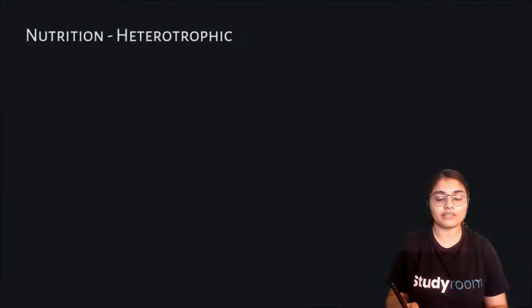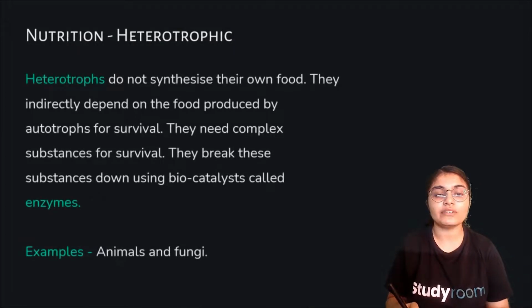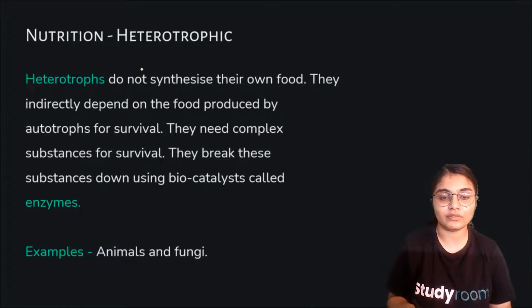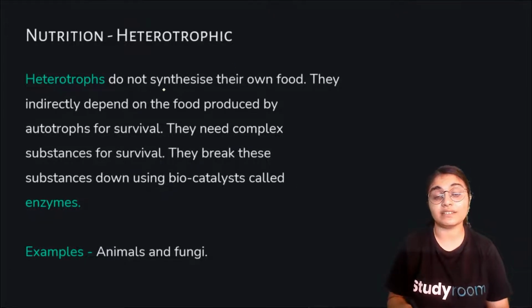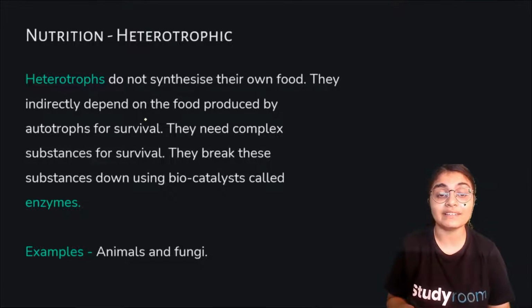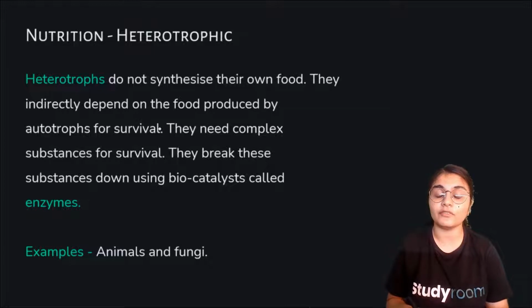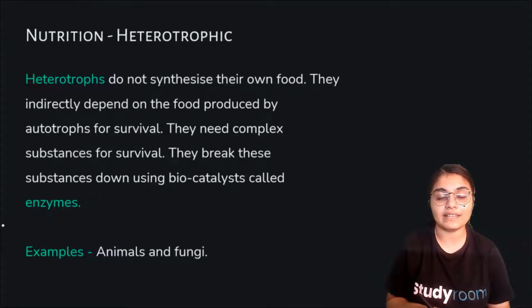Next up, we have heterotrophic nutrition. Heterotrophs do not synthesize their own food. As you know, they do not have the machinery in themselves to synthesize their own food, and hence they indirectly depend on food produced by autotrophs for survival. They need complex substances for survival, so they break these substances down using biocatalysts called enzymes.